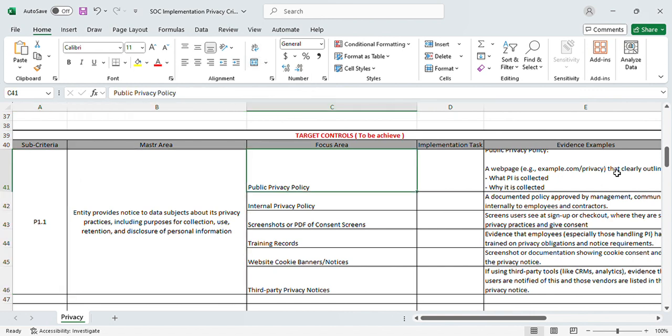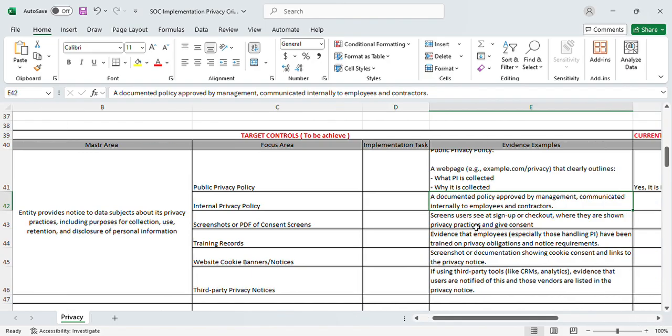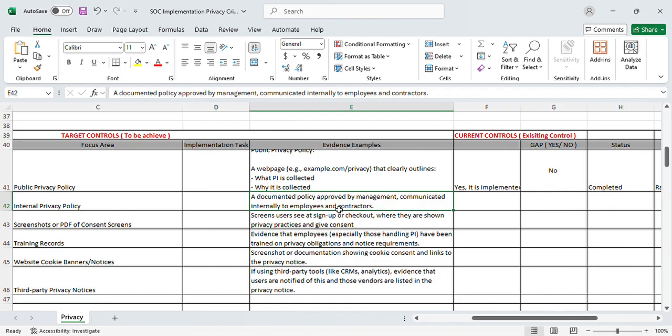Second is internal privacy controls. In internal privacy controls, the evidence example is that you should produce a documented policy approved by management, communicated internally to employees or contractors. So you need to produce a policy approved by the management and communicated internally, right? How the privacy policy is communicated internally. If it's not implemented, I am assuming it's not completed. Gap is there, yes, gap is there.